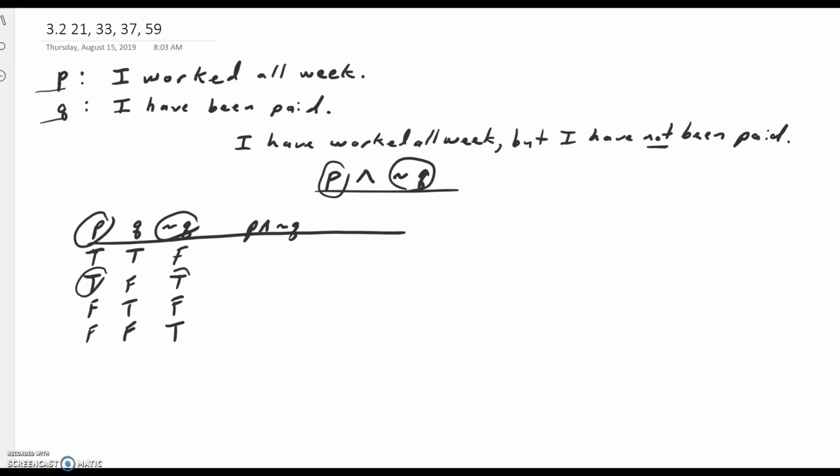So this is the only place where P and not Q are true, so that's true. The rest of these are going to be false because they have at least one false in them, and in fact this has two falses in them. So this is our final answer on the truth table.